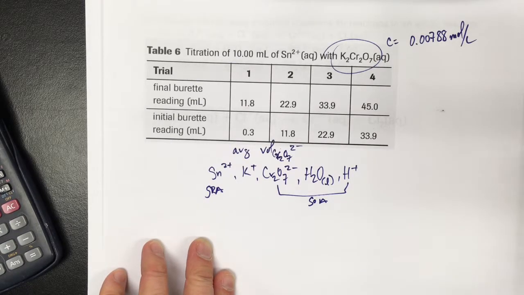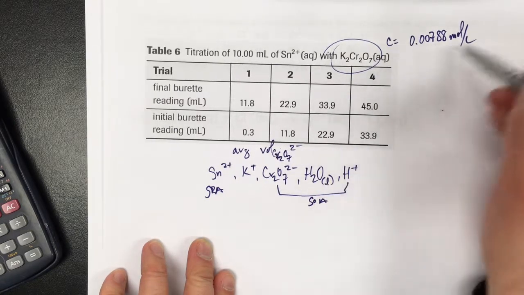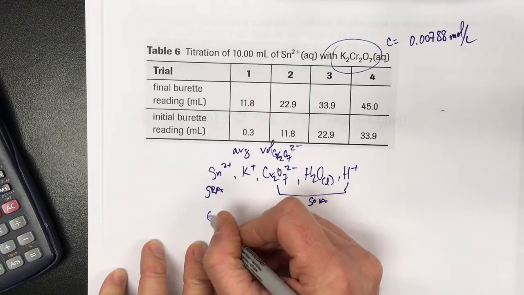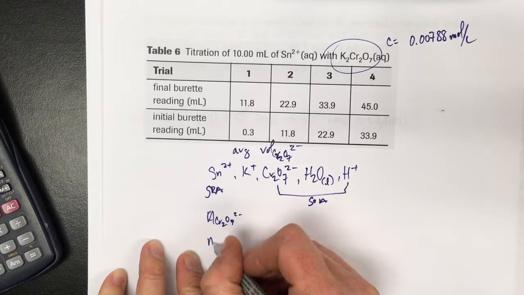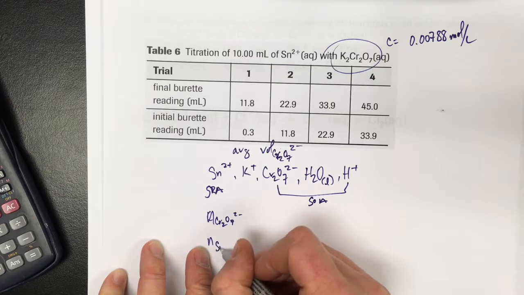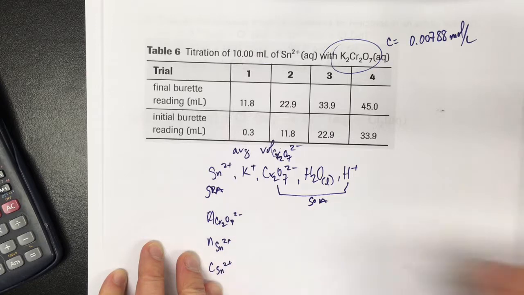So you go through the same sequence of steps. You'll know the volume of dichromate, you know its concentration, so you can calculate the number of moles of dichromate, use the coefficients to find the number of moles of tin 2, and then finally you calculate the concentration of tin 2, and that's your final answer to the question.